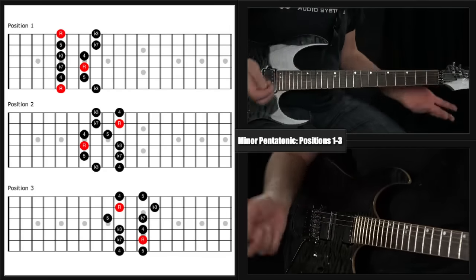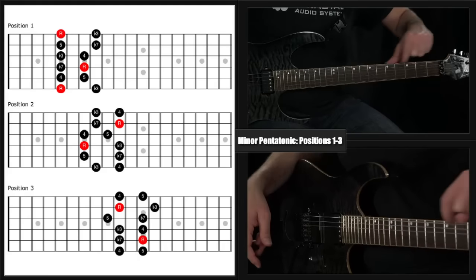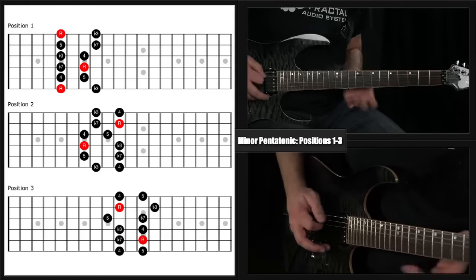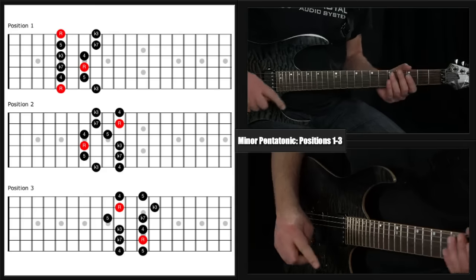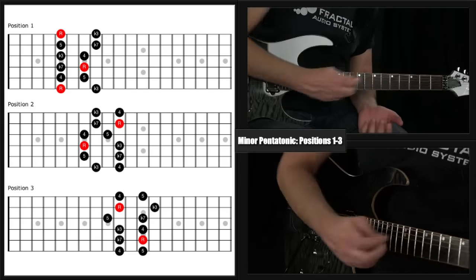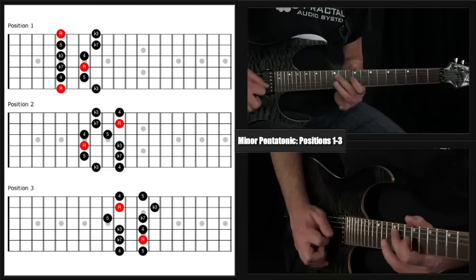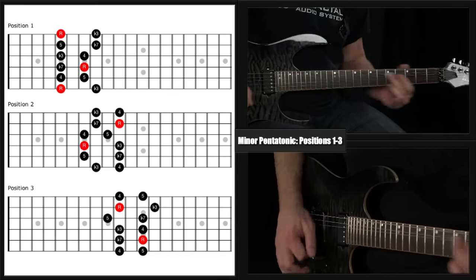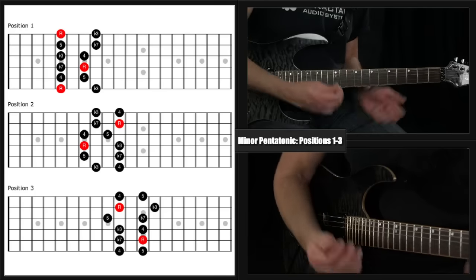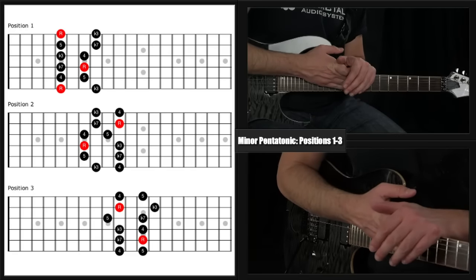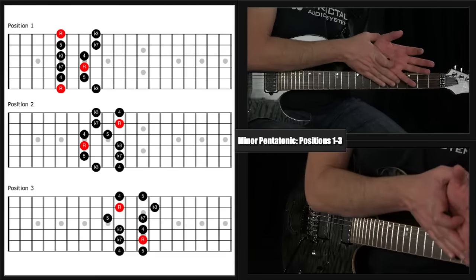So if we're in A, for example, you find an A on the 5th string. We have one on the 12th fret. And that position happens on the left side of that root. So just determine where the root is and see if the position happens on the left side or the right side of that root to build your position.